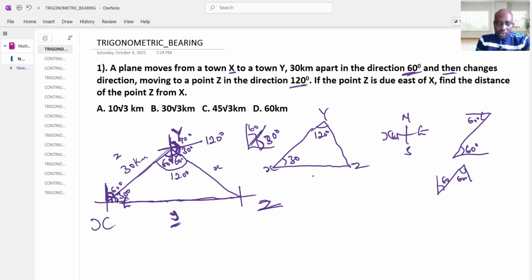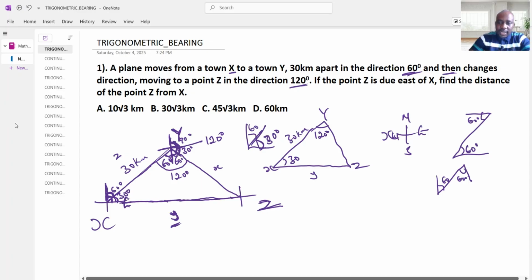Therefore, the question says we should look for this small letter y, and what do we have here? The question says that we have 30 kilometers from here, isn't it? Around 30 kilometers, and this space we want to look for. Yes, like I was saying, this space will also be an alternate angle.